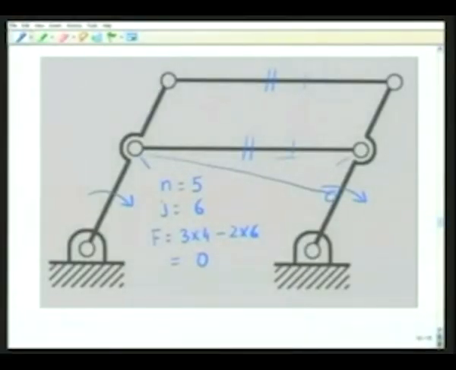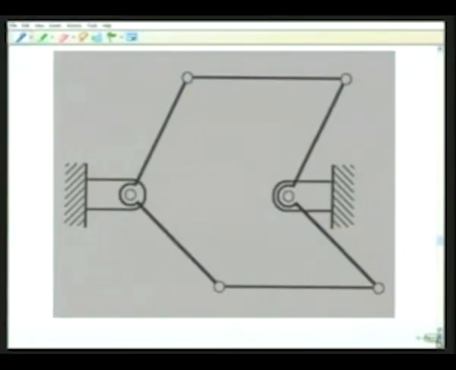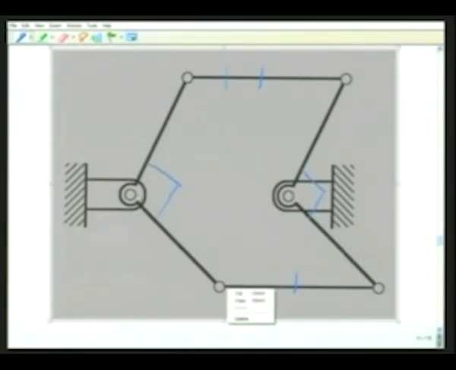In fact, to maintain the good transmission quality at all configurations, these two extra couplers are connected to the input and output link by making a 90-degree angle between the extensions of this input link and the output link, such that when this particular coupler is collinear with the line of frame, the other coupler is parallel to the line of frame.